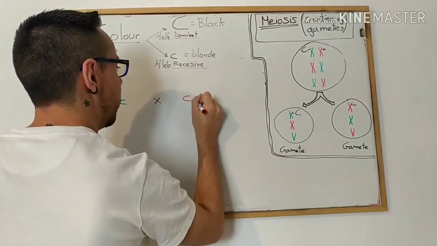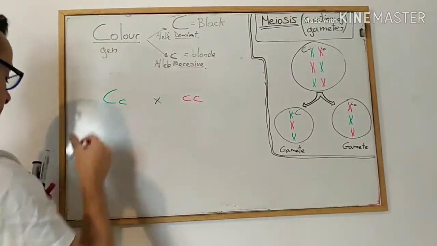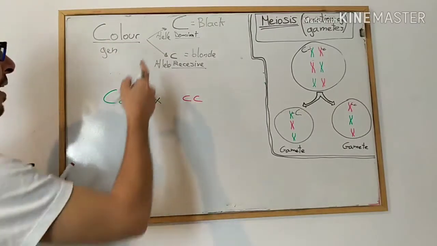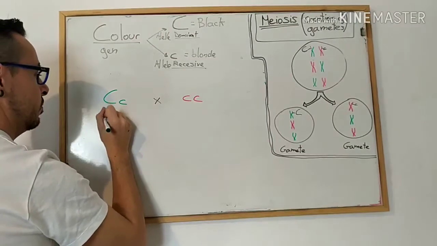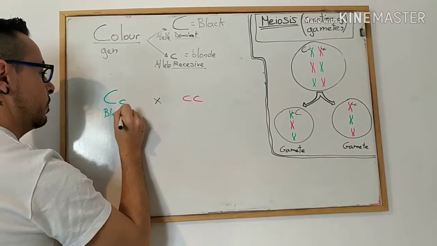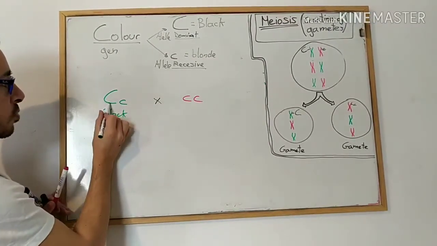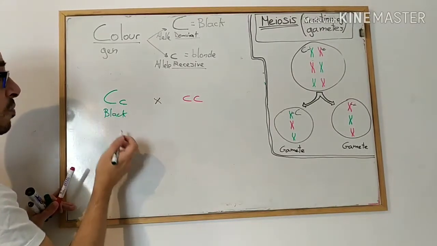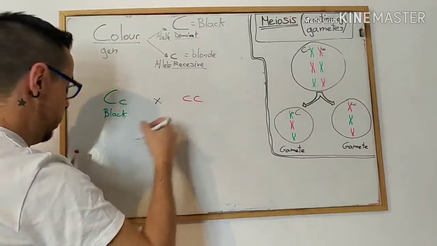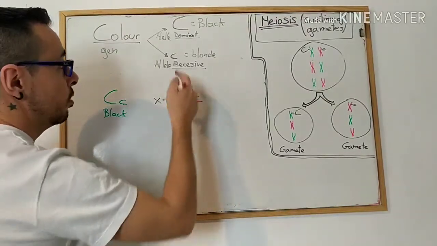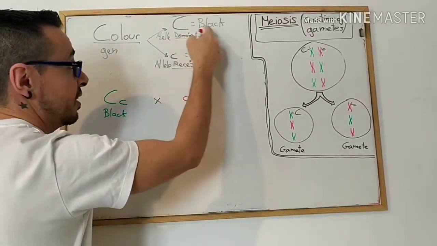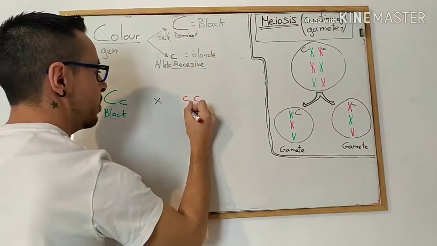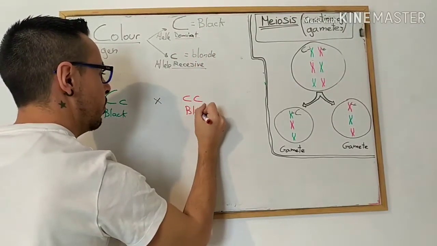The mother is blonde. The father has black hair. Why? Because this one is more powerful, is dominant from this one, so it's black. And the mother is blonde because there's no dominant allele for the color of the hair, so the mother is going to be blonde.